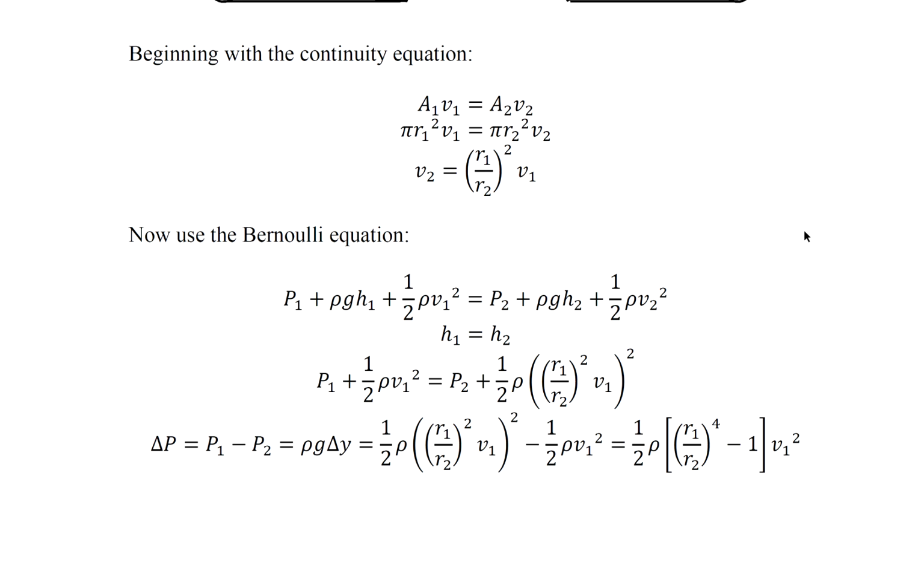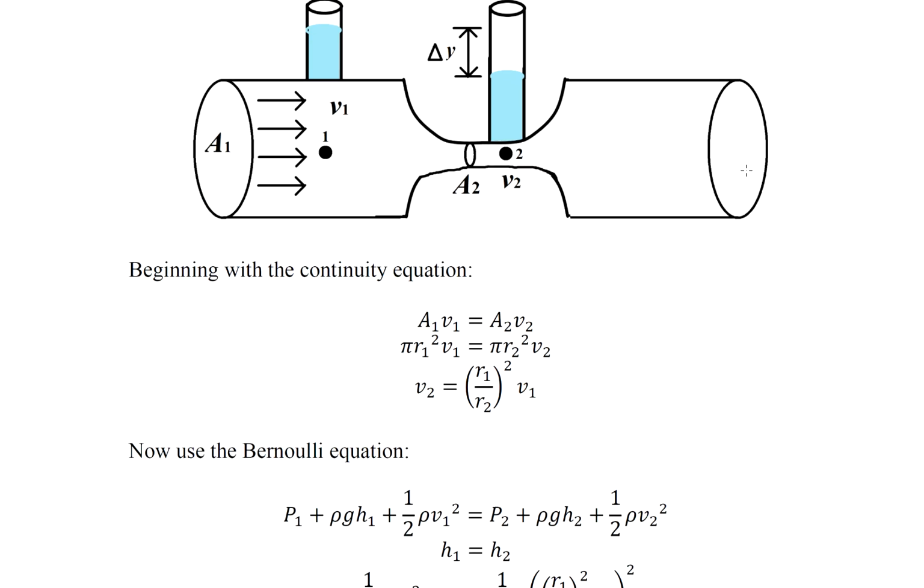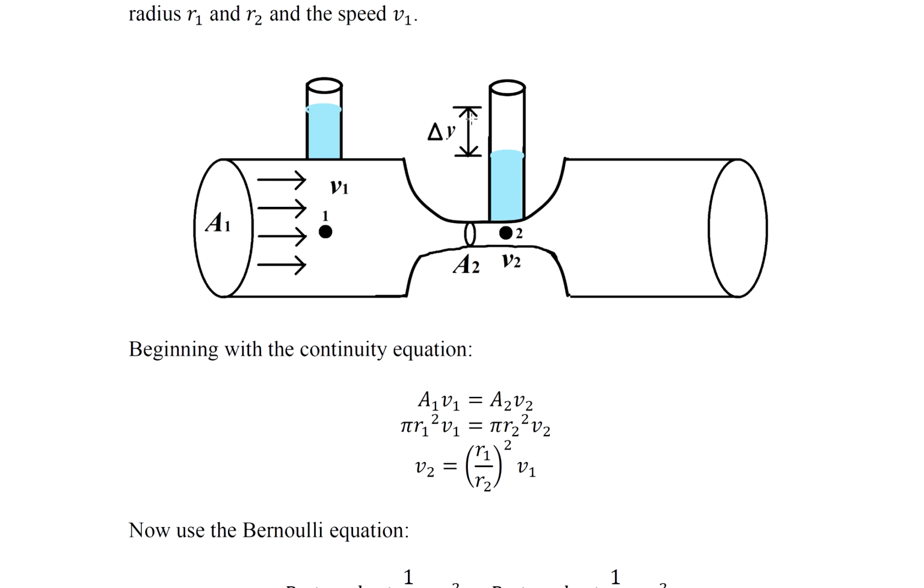P1 minus P2 is equal to rho g delta y, which is equal to this. Then we could factor. And this is delta y here.